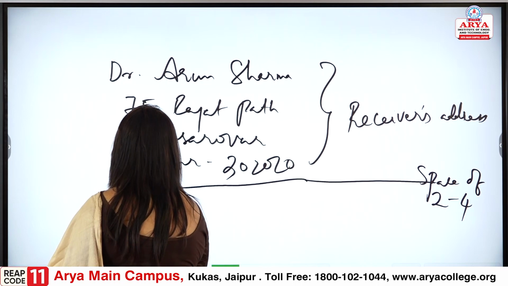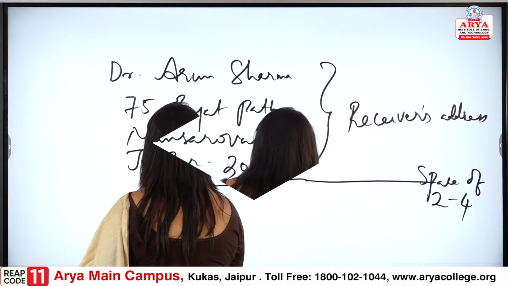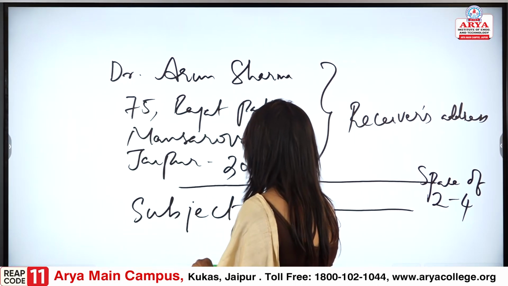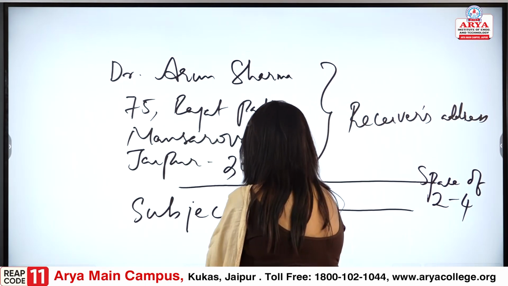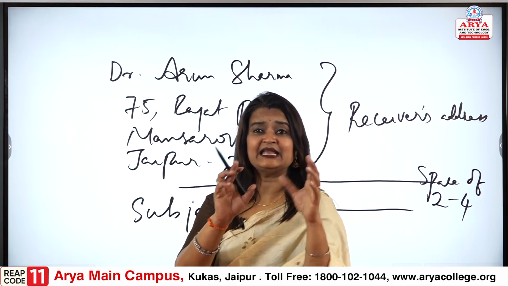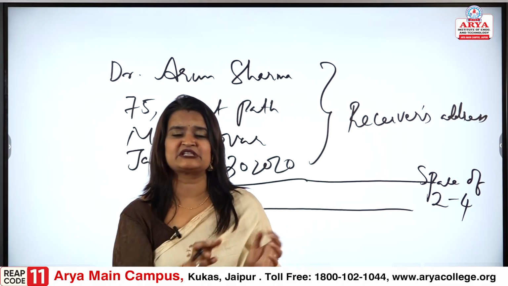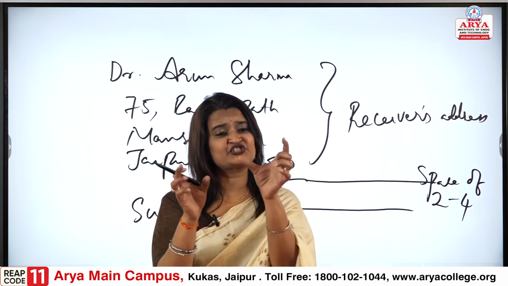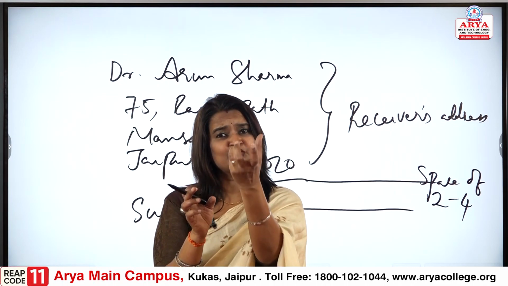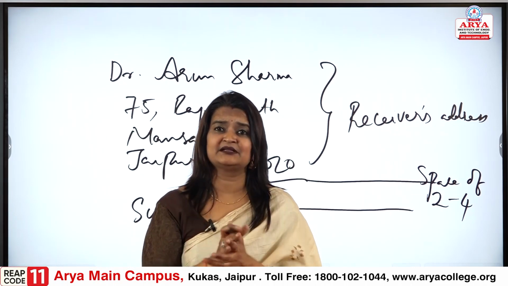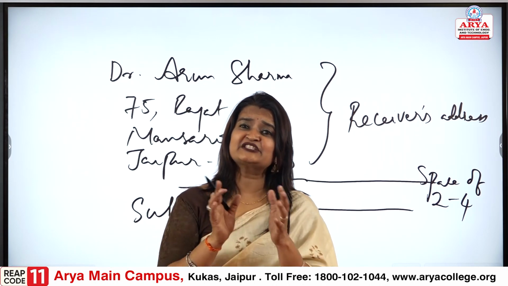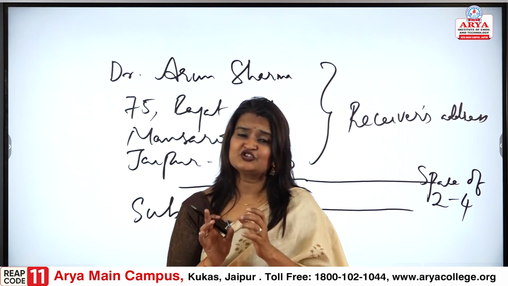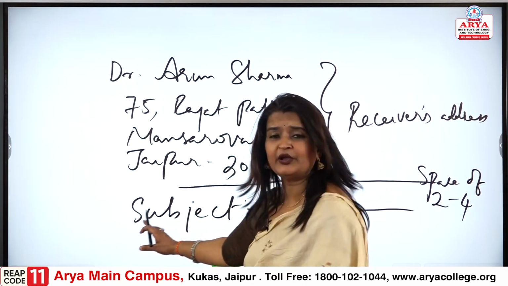Then you will go with the subject, you will have to write down what the subject is. Fine, you will again have to mention that it is again starting on the left side. The subject could be short, either 2 to 3 words, like application for job or minutes of the meeting. So, accordingly, again it would go on the left side.